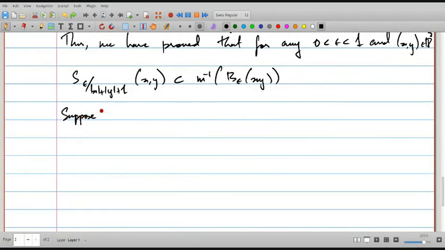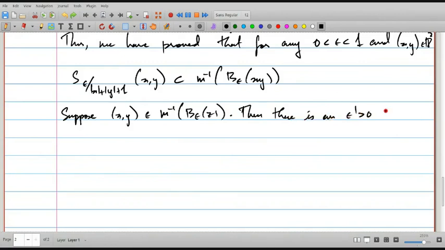So suppose x comma y is contained in M inverse P epsilon z. Then there is an epsilon prime positive, strictly less than 1, such that P epsilon prime is contained in P epsilon z.